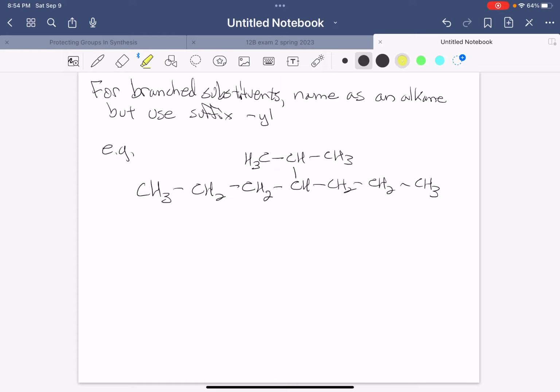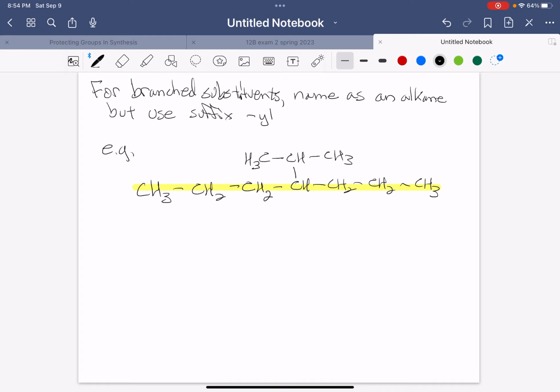Okay, so our longest chain here is this one, which is 7 carbons. 1, 2, 3, 4, 5, 6, 7. And if I tried to make a chain that had more substituents, it would be a shorter chain. 1, 2, 3, 4, 5, 6. So we don't want to do that. We want the most number of carbons in our main chain.